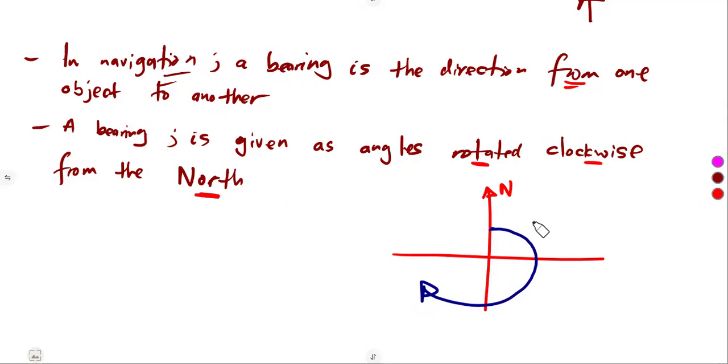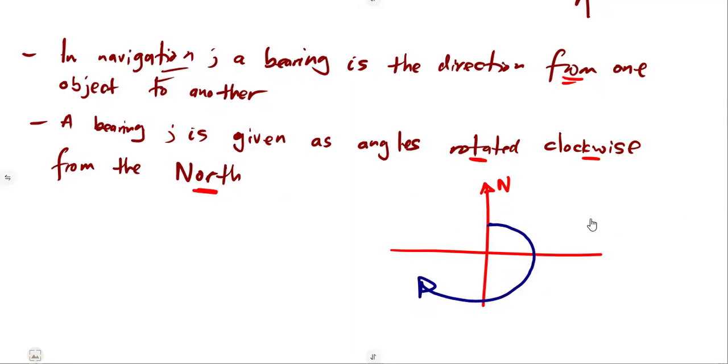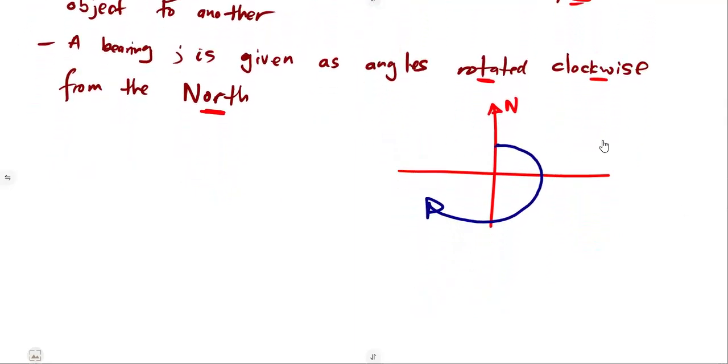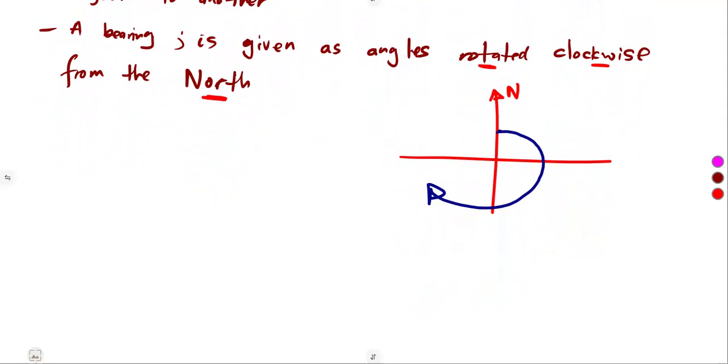Let me give just a basic example here. Let's say we are given the bearing of A from B. The bearing of A from B is 300 degrees.